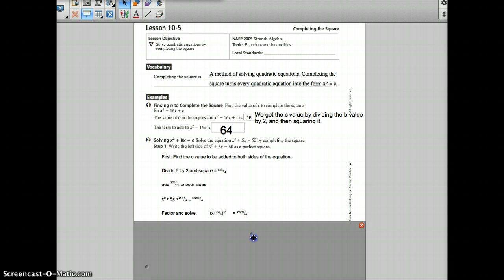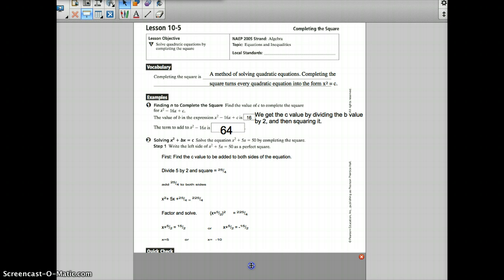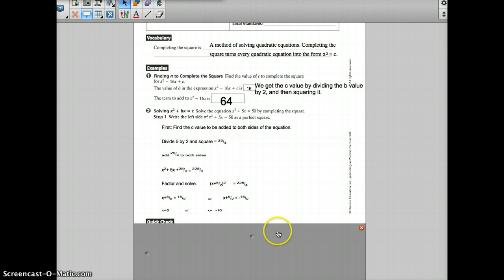If we take the square root of both sides, we get x plus 5 halves equals 15 halves, or x plus 5 halves equals negative 15 halves. So we're going to take the positive and the negative root of this right side. And then we can solve by subtracting 5 halves from both sides, and we get x is 5, or x is negative 10. Go ahead and try the quick check and restart when you're ready.